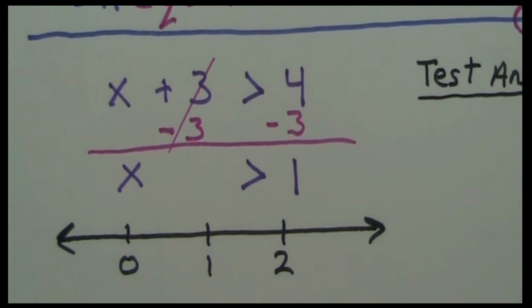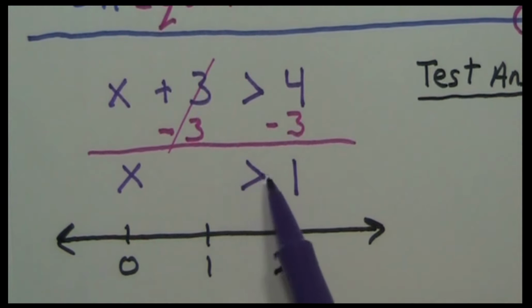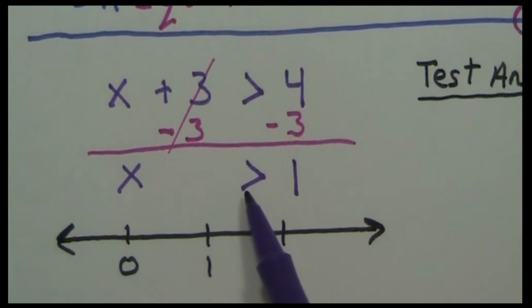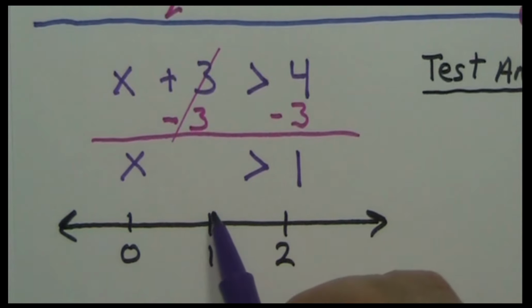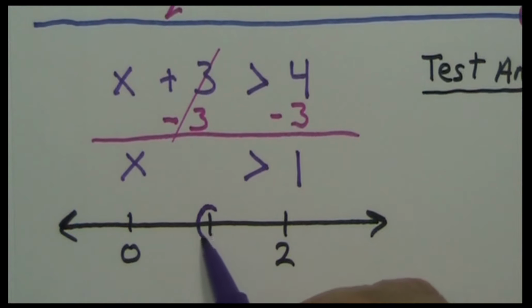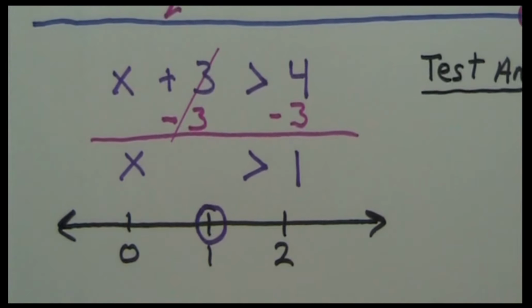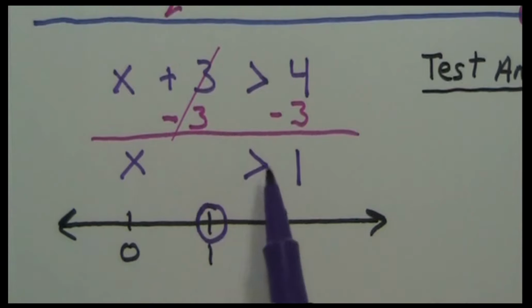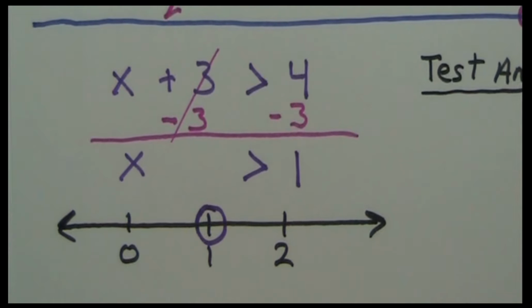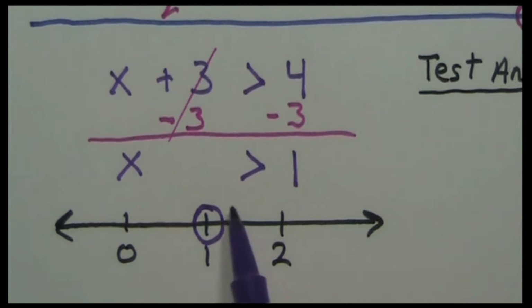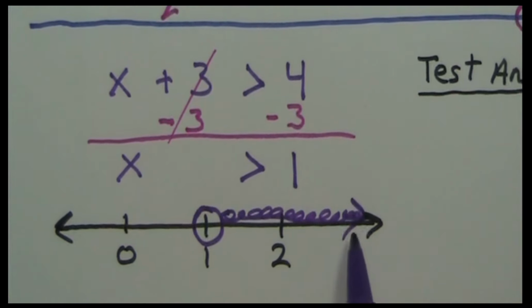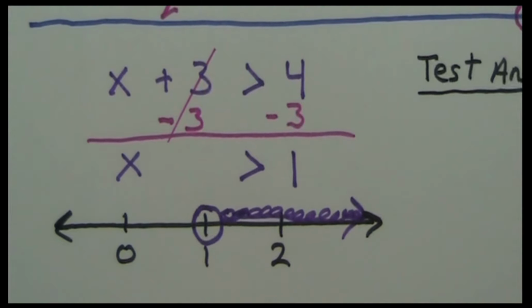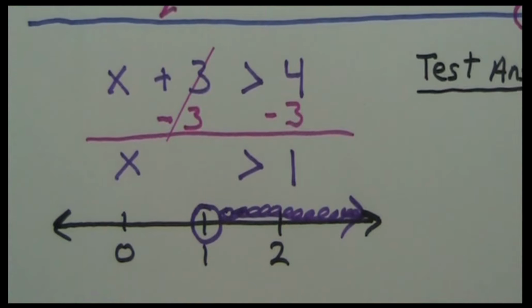All right, and we've been told that if it's more than, that means it is an open circle. At 1, it's an open circle. And this is saying all numbers greater than 1. Okay, so that means going this direction. All these numbers will work. But not 1, but all the numbers more than 1.